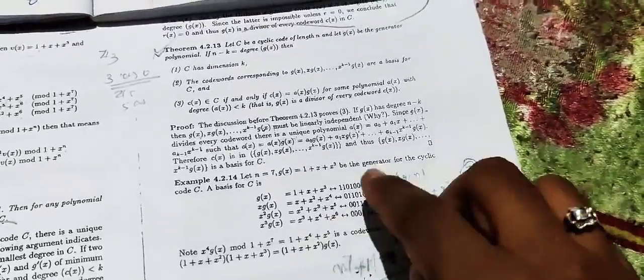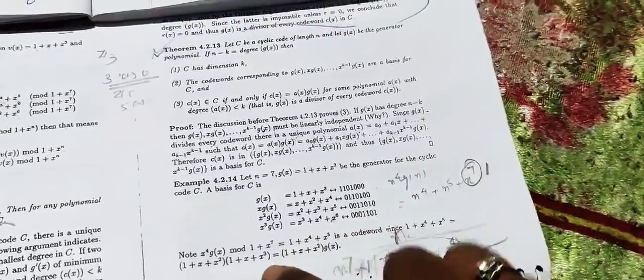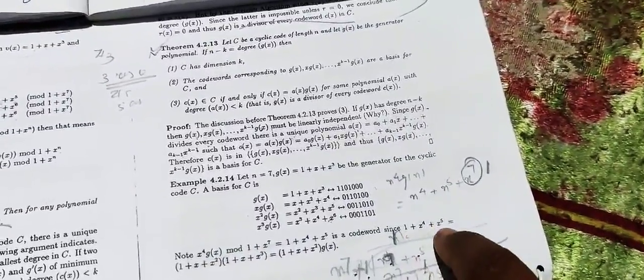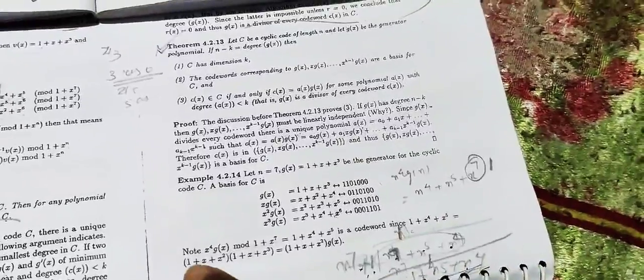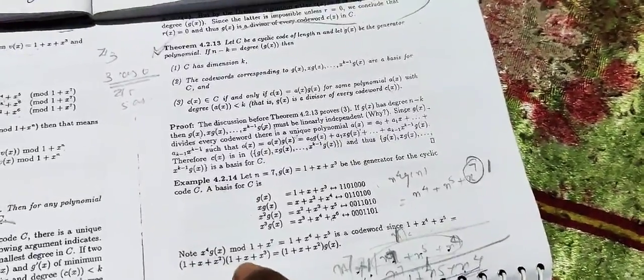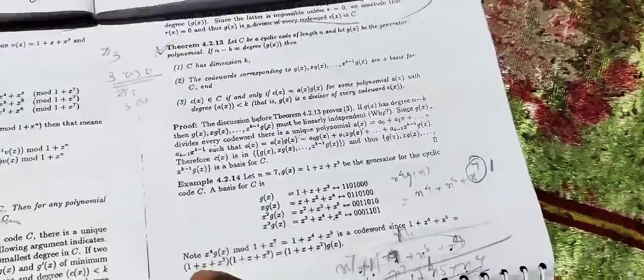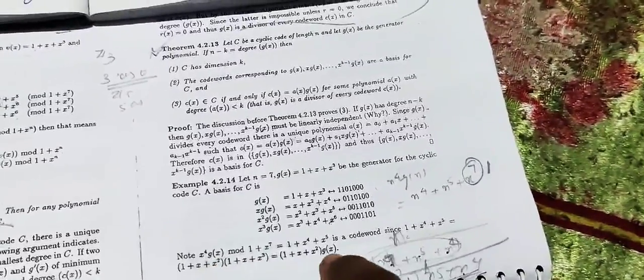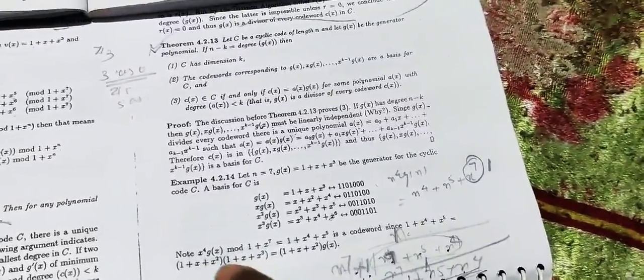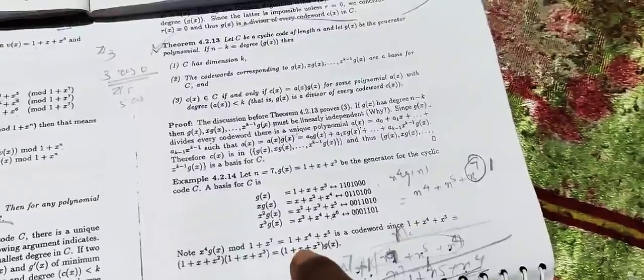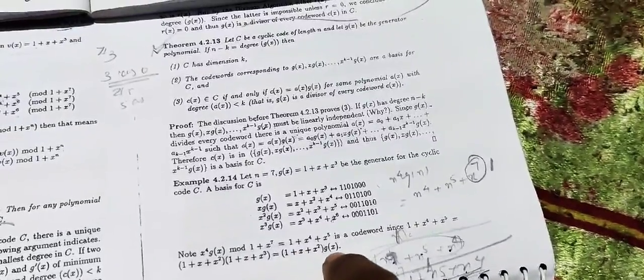Each one is a multiple of g of x. For x raised to 4 g of x we get 1 plus x raised to 4 plus x raised to 5, which is the same as 1 plus x square into 1 plus x cube. So this polynomial into this is g of x. So we can write 1 plus x square into g of x.